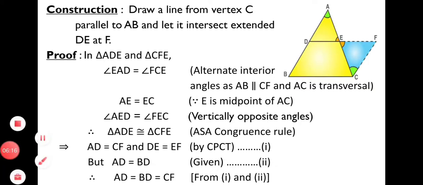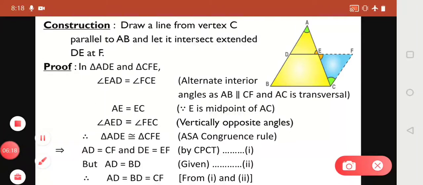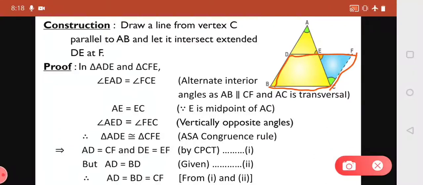Now, as we can see in the figure, this BCFD is a parallelogram. Why? Because BD and CF are equal. Here you can see BD and CF are equal, and also BD is parallel to CF. In the construction we have done this. So we get BCFD as a parallelogram.